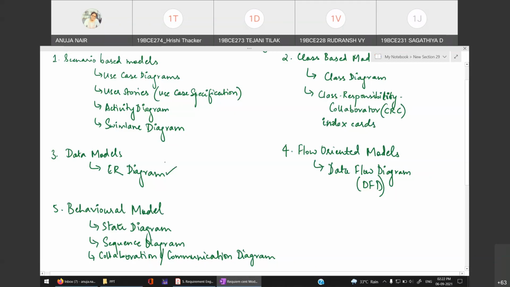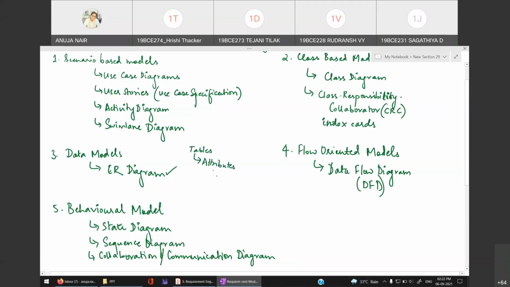ER diagram. So what do you do in an ER diagram? Basically, you play with the data, right? Whatever database tables you create, you play with the data. You show the relationship between the tables. So that is the data model. Your database tables will have some attributes, right?